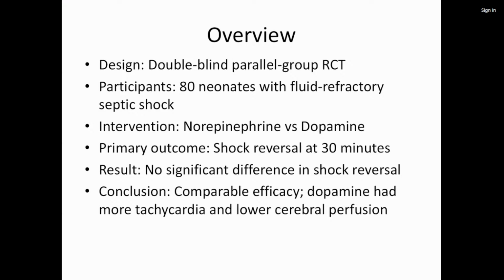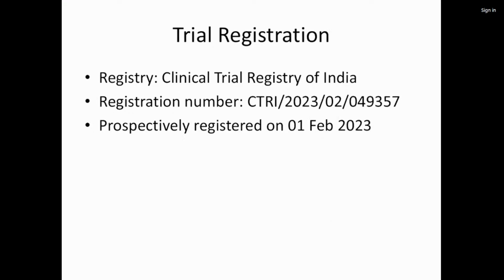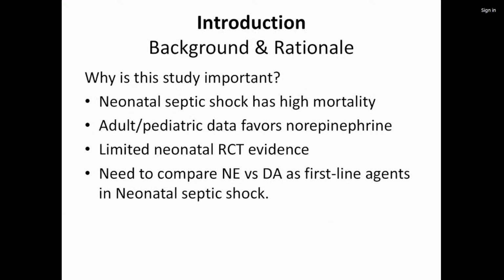Randomization was done by computer-generated variable block randomization, 1:1 allocation to norepinephrine or dopamine, stratified by gestational age less than 35 weeks and more than 35 weeks. Allocation was concealed, using serially numbered opaque sealed envelopes.